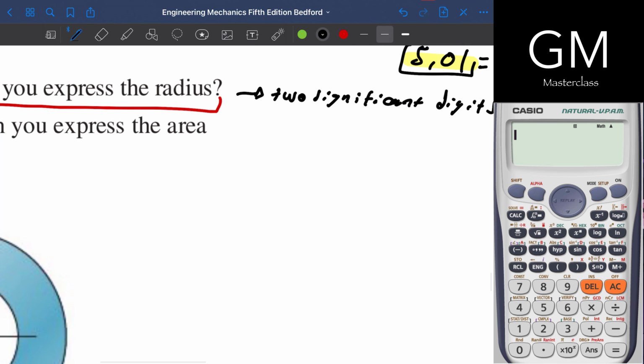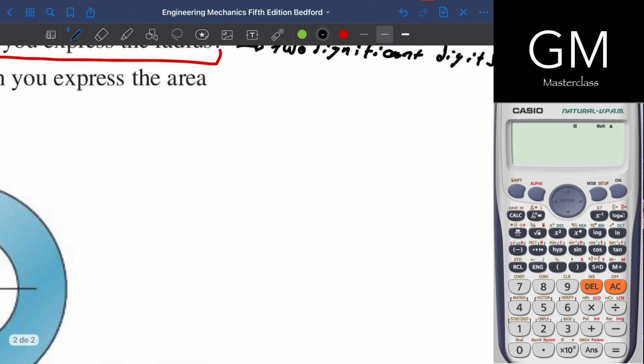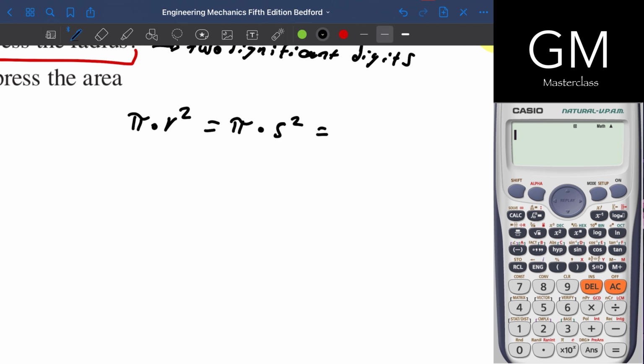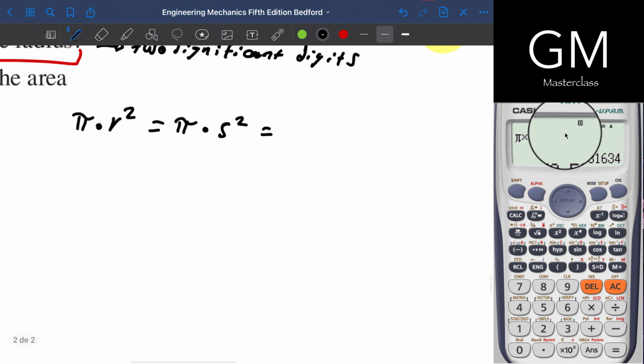As we already know, the area of a circle is equal to pi times the radius to the second power. So in this case, it is equal to pi times 5 to the second power. We're going to do this in the calculator. So pi times 5 to the second power is equal to 25 times pi, which is 78.5398.